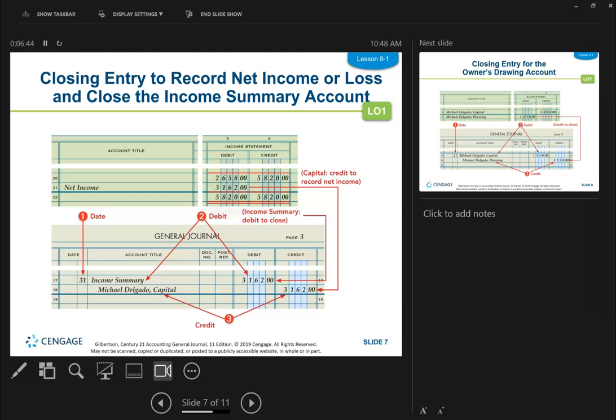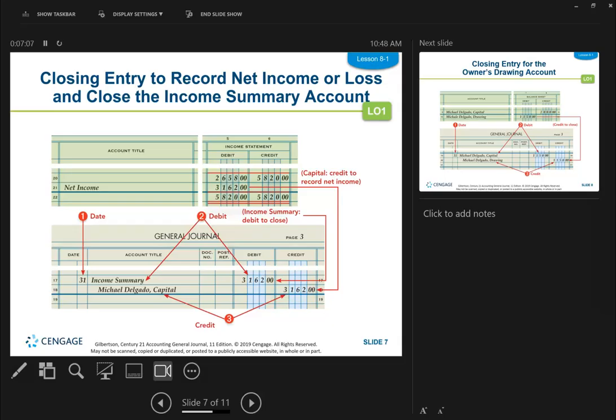That difference is our net income. I could pull that from the income summary. That was one line on my income summary. But that's the amount that's going to be moved into our capital account. So it's a debit from the summary and a credit to the capital account.